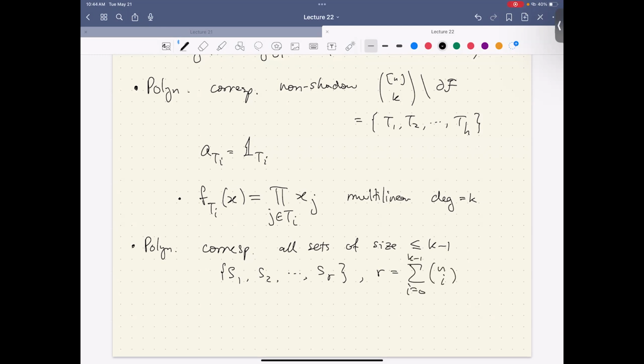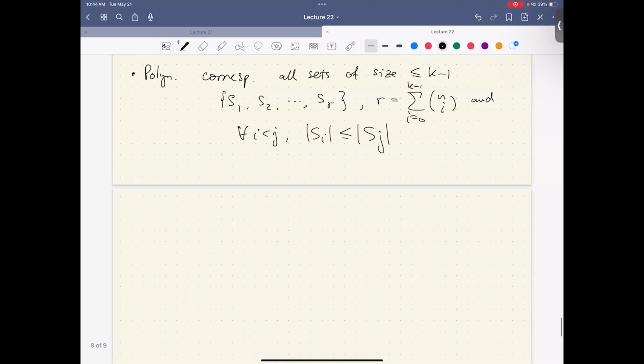All the sets of size at most k minus 1. And we enumerate them in such a way that their size is non-decreasing, and for i less than j, the size of Si is at most the size of Sj. Good.